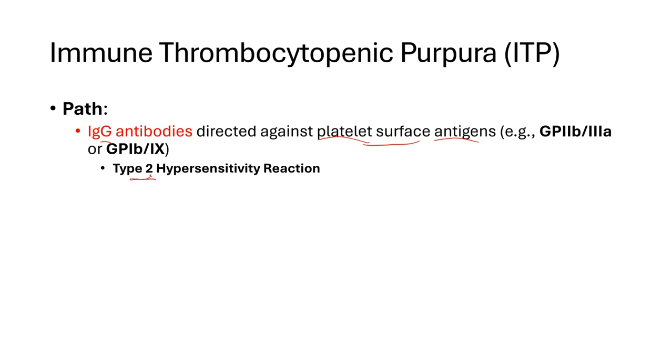Remember, type 2 hypersensitivity reactions are also known as cytotoxic hypersensitivity, which is an immune reaction in which the antibodies target antigens on the surface of cells, leading to cell damage or destruction. That's exactly what's going on here. These antibodies are targeting these platelet antigens, leading to destruction.